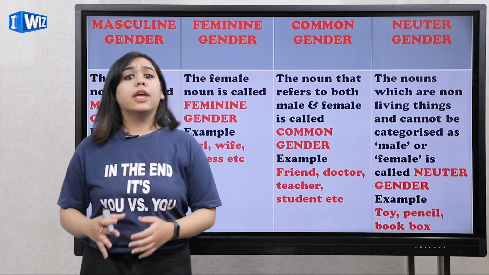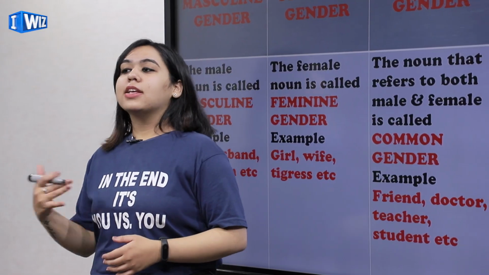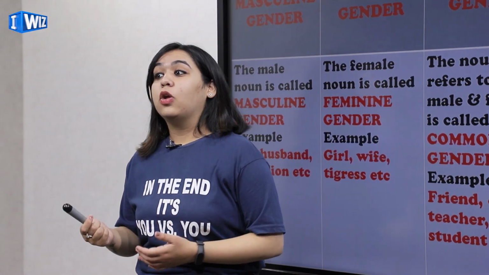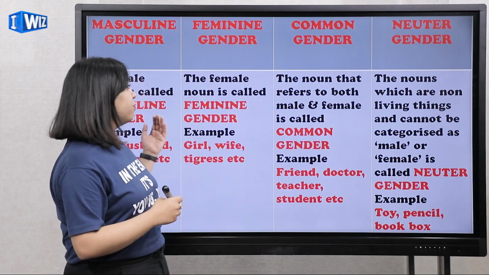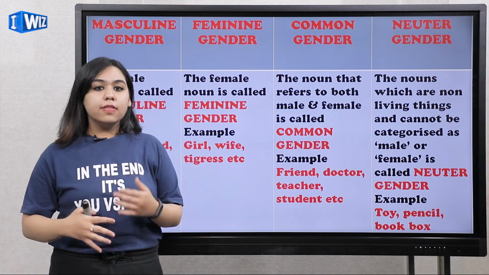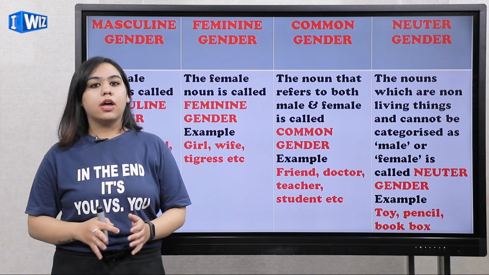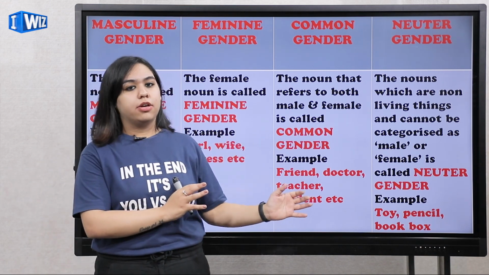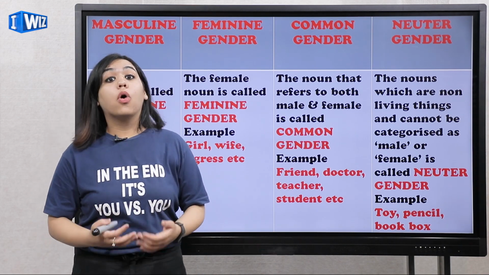Now, there are some things that you cannot classify as male or female. If I talk about this pen, can you classify whether it is a male or a female? If I talk about this board, can you classify whether it's male or female? No, you cannot. So the things which you cannot classify as male or female are termed as neuter gender, and mostly they include the non-living things.